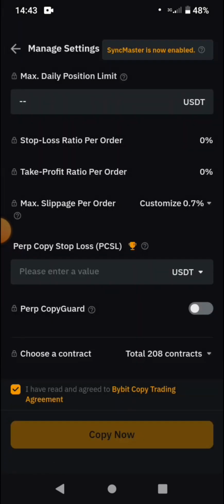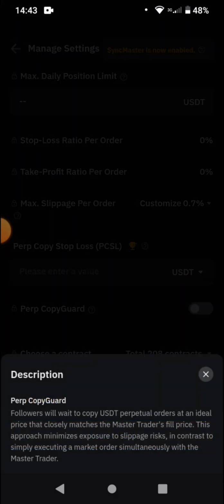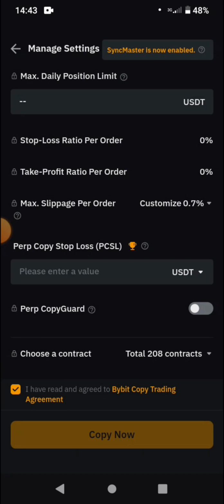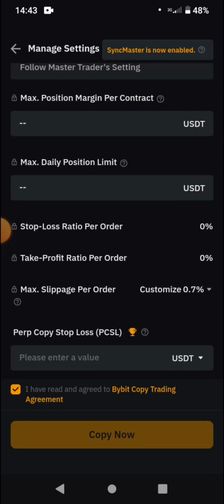We have what we call this copy card. If you tap here, this is where followers will wait to copy USDT perpetual orders at an ideal price. So this is when you want to copy, let's say the trader enters a trade, but you don't want to enter with the trader, you want to wait for a particular point. But I will advise you not to focus on this one. So just enter the amount of trade you want to join and the amount of stop loss.